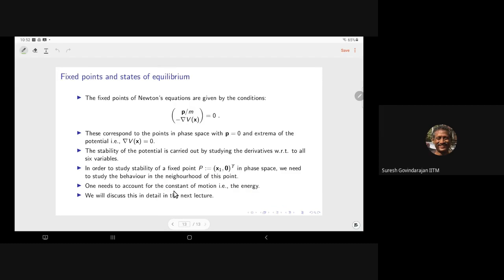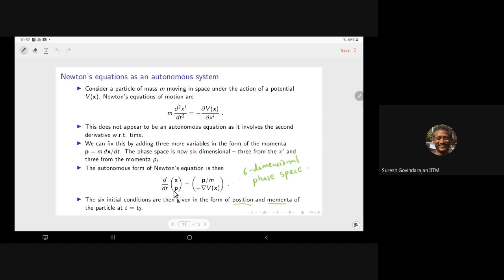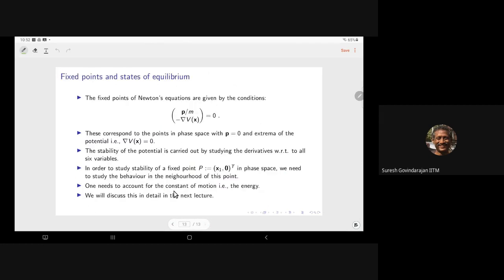Okay, so now somebody was talking about states of equilibrium. So what is the fixed point of Newton's equation? Let's go back. It says set the right hand side to 0. All these 6 functions should vanish at the same time. So p upon m should be 0 and minus gradient of V should be 0.